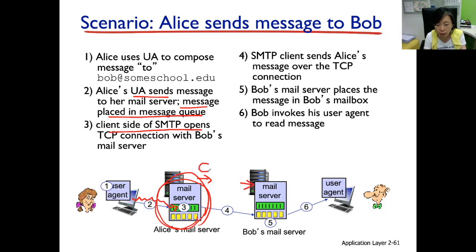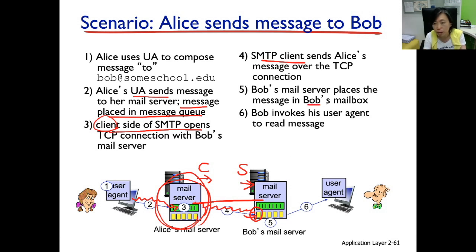And then the client side of SMTP, which is here, is the one sending, and Bob's mail server will be the one receiving. So this is the client of SMTP, and this is the server of SMTP. The client side of SMTP will open up a TCP connection. Once the server allows the connection, the client can begin sending Alice's email. That email will travel, and Bob's server will check whether the receiver is Bob, and therefore put the email into Bob's mailbox.